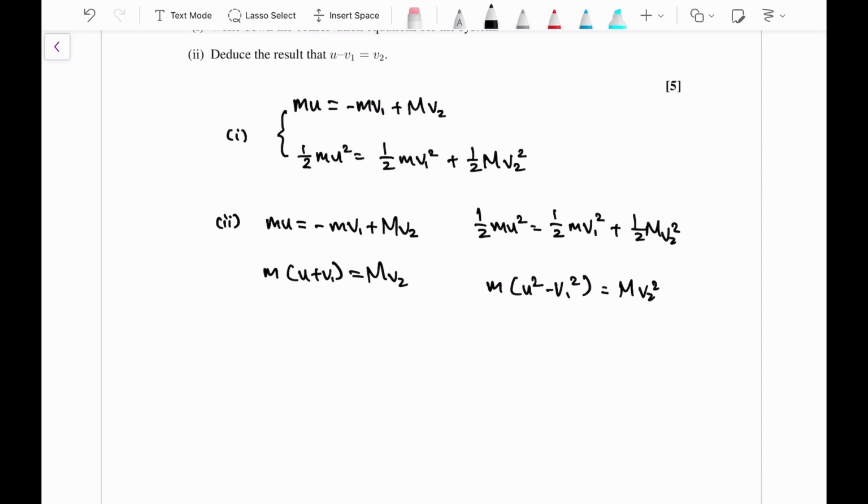Then we can further factorize, because u squared minus v1 squared could be factorized into u plus v1 times u minus v1.